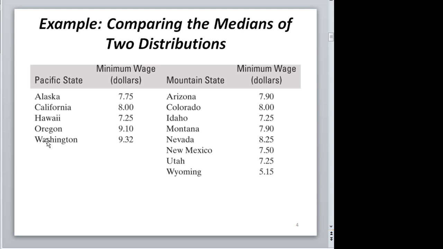Let's say Washington State, the minimum wage is quite high. I guess that's the highest. What's the lowest minimum wage? The lowest minimum wage is in the Mountain State of Wyoming. It's only $5.15.